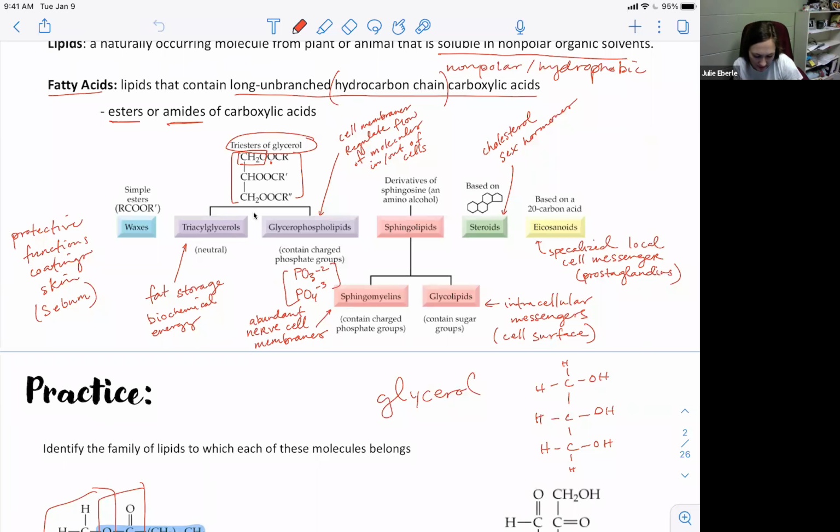Glycolipids are intracellular messengers. Steroids, you've got cholesterol and sex hormones. And then eicosanoids were specialized local cell messengers. Okay, prostaglandins were an example we mentioned of those. And in their response, like when you get a cut or in the blood clotting system, eicosanoids are involved in that.